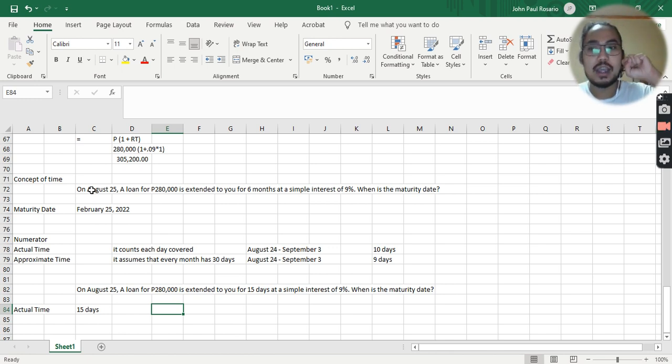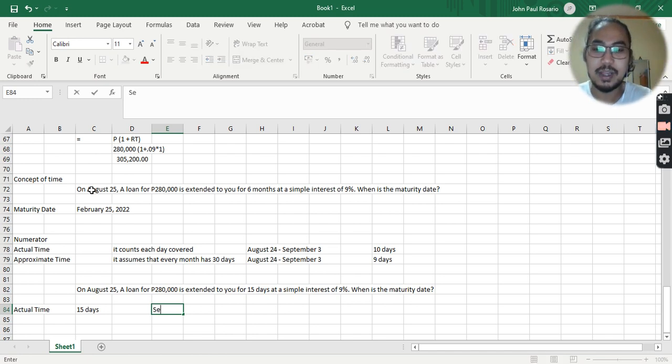So August 25, 26, 27, 28, 29, 30, 31, and then September 1, 2, 3, 4, 5, 6, 7, 8, 9. So our maturity date would be on September 9, 2021.